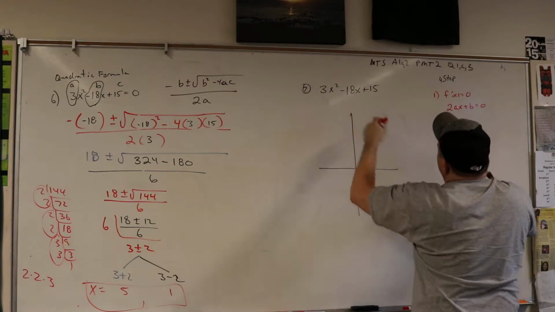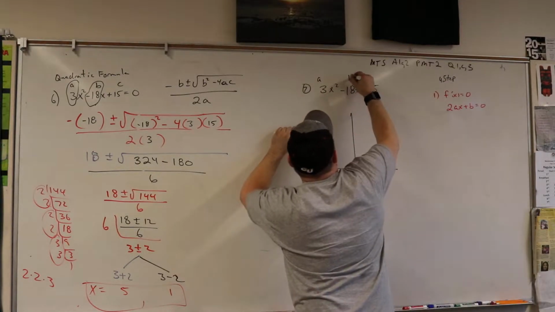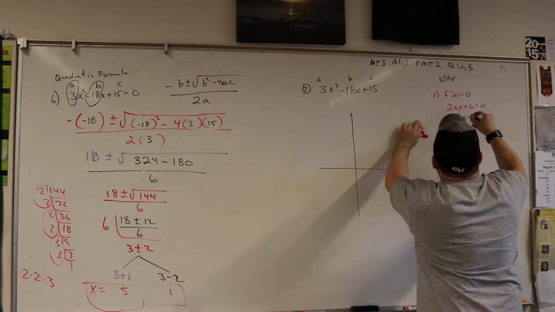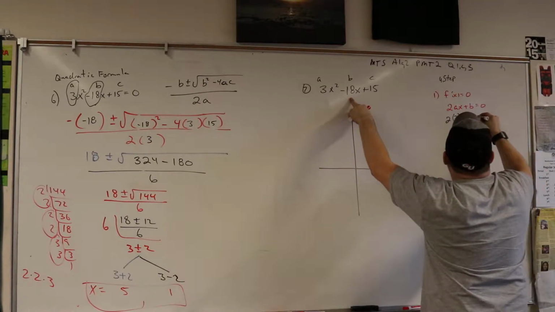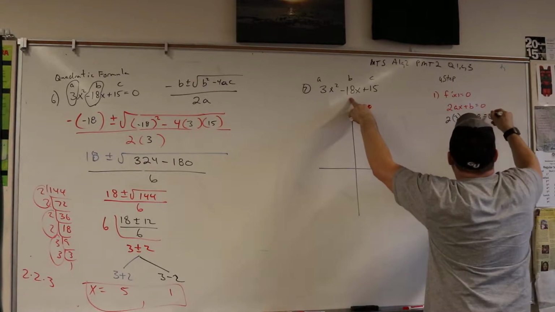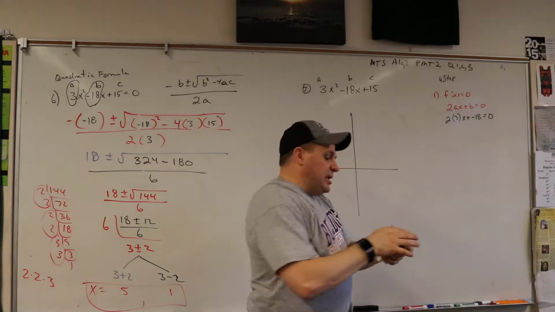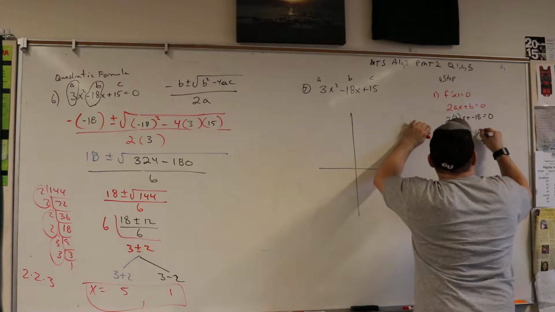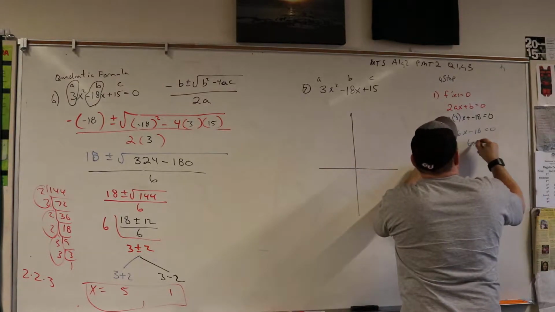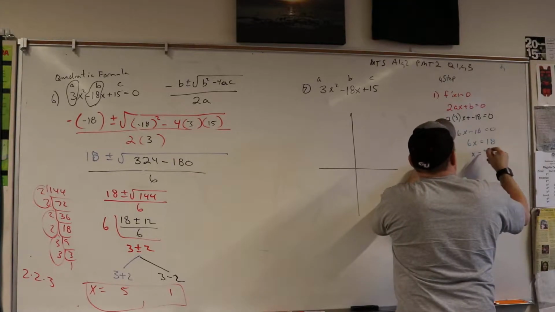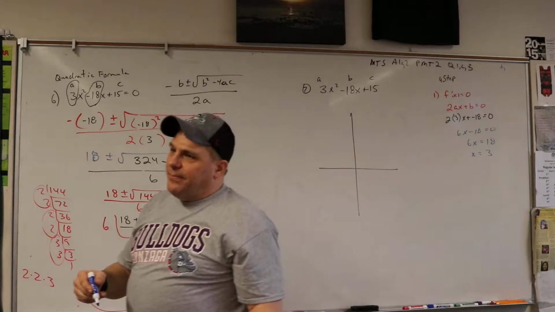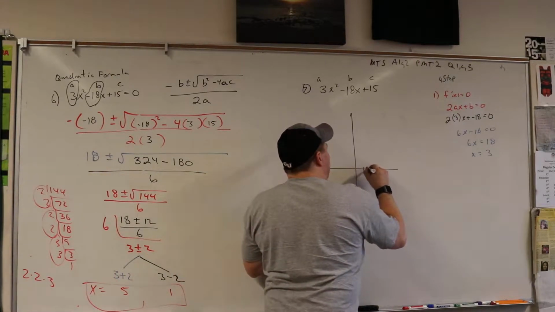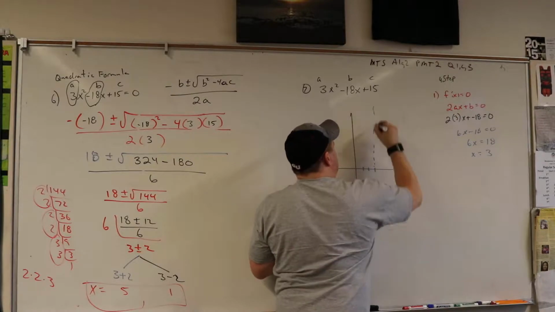In our case, 2 times 3x plus negative 18 equals 0, so 6x minus 18 equals 0, 6x equals 18, x equals 3. So at 3 we have the axis of symmetry.